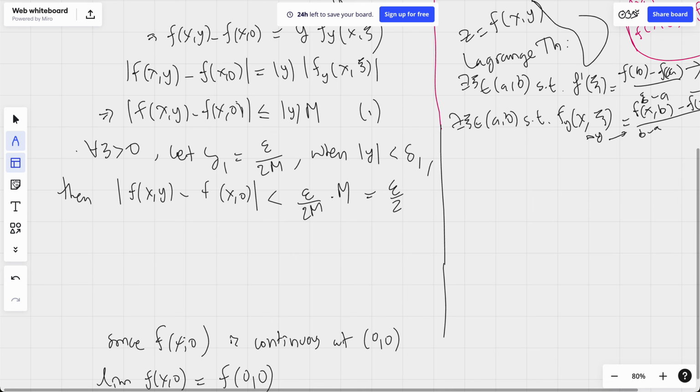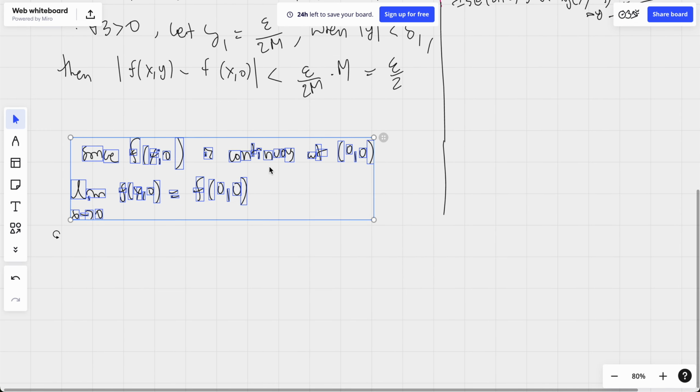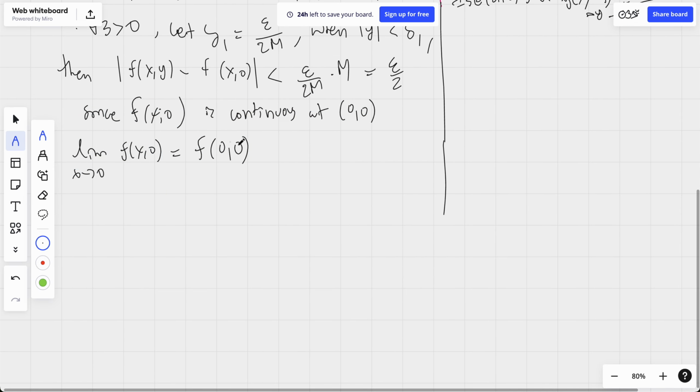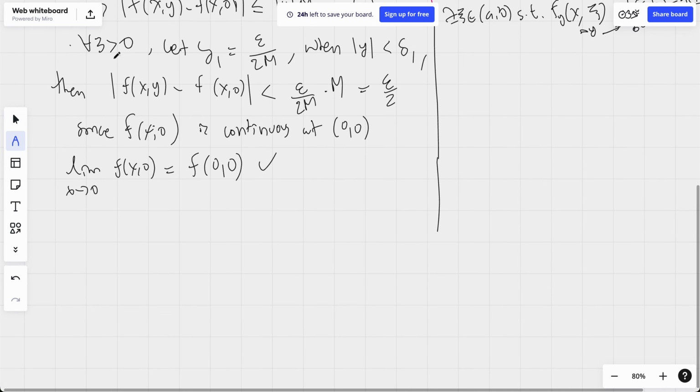And now we use the other condition that we just wrote. So since this is continuous at the point (0, 0), that means that this limit is true. Then we use the definition of limits. So we already have this epsilon, for all epsilon greater than 0.